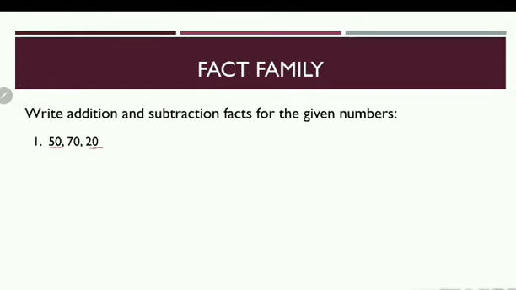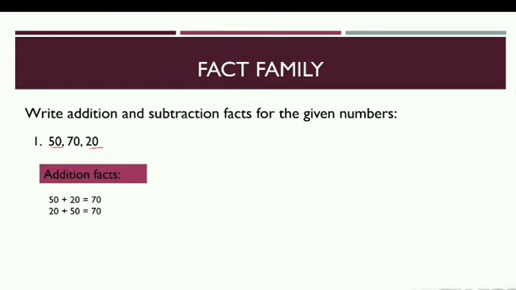So 50 plus 20 is equal to 70, isn't it? Even if we add 20 plus 50, it is again 70. So for the addition fact, we write 50 plus 20 is equal to 70 and 20 plus 50 is equal to 70. So this is our addition fact.